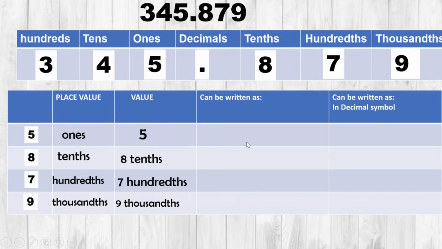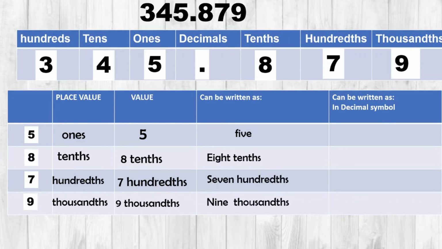Okay? Then, paano naman natin sinusulat? Okay, 5. In words siya. Can be written in words. Then yung 8 tenths. Okay, ganyan. 8 tenths, 7 hundredths, and 9 thousandths. Next, how can be written as in decimal symbol?